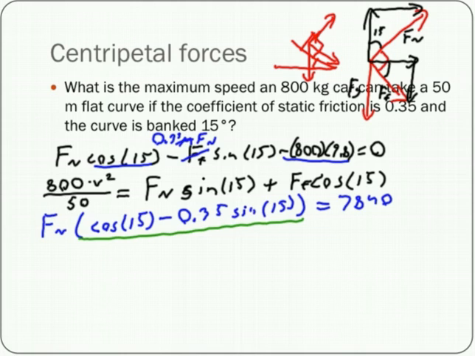Actually, I think I am in the wrong mode here. Let me switch over to degrees. That might make a difference. So cosine of 15 minus 0.35 sine of 15, in degrees and not radians, gives 0.8753. What we're going to do is divide both sides by 0.8753.